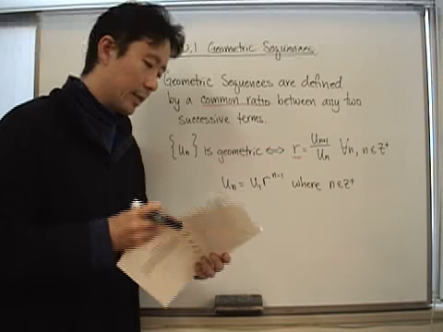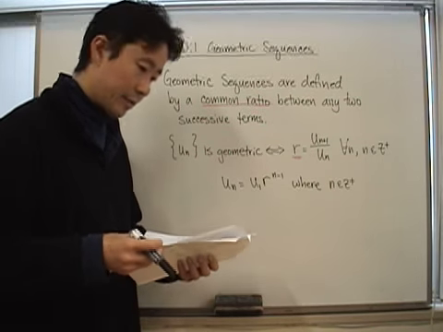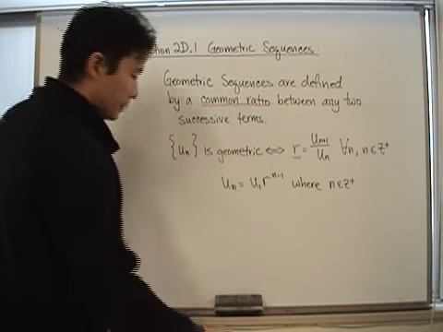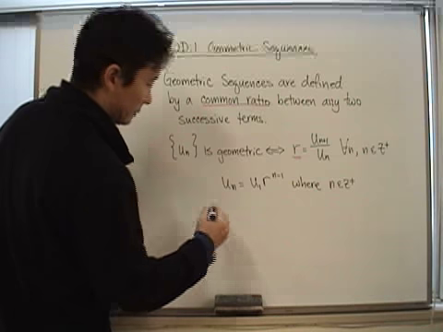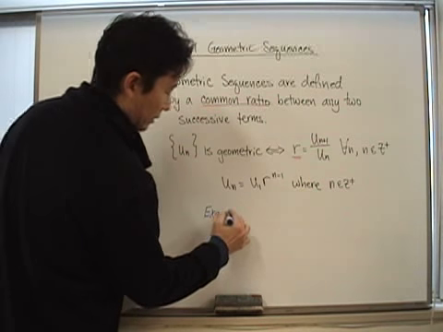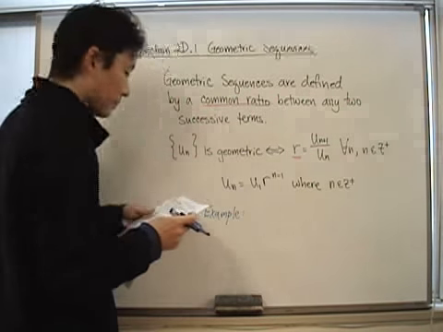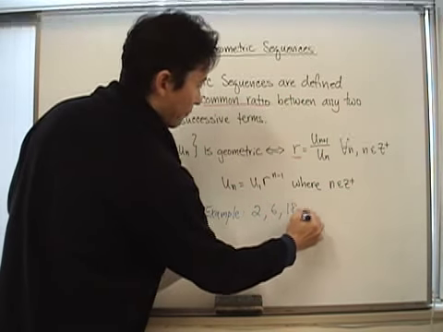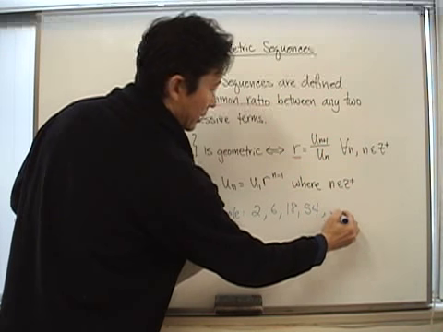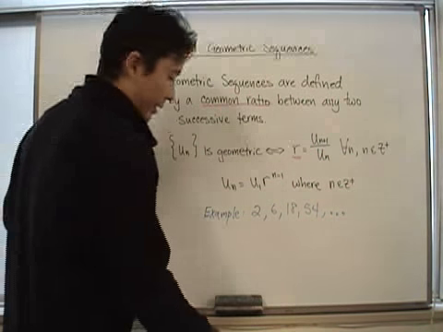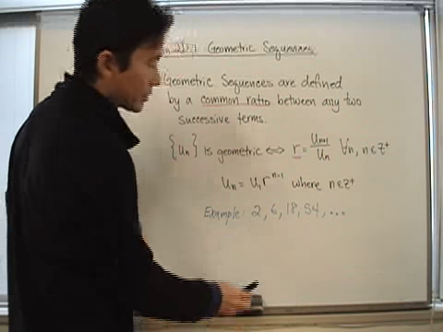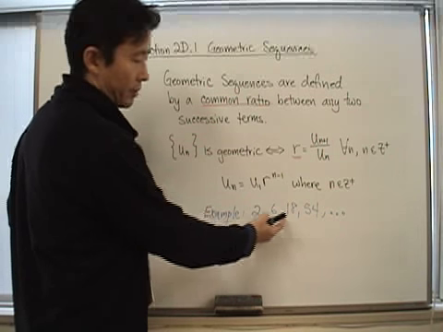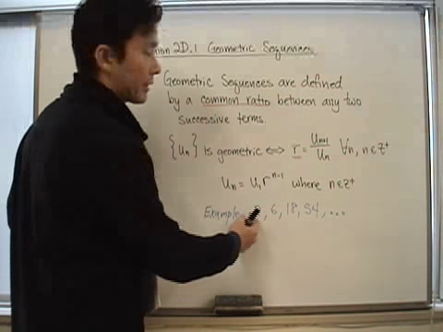So let's take a look at an example of a geometric sequence. Let's say for example 2, 6, 18, 54. Now if we wanted to check what type of sequence this is, notice that the difference is obviously not the same.